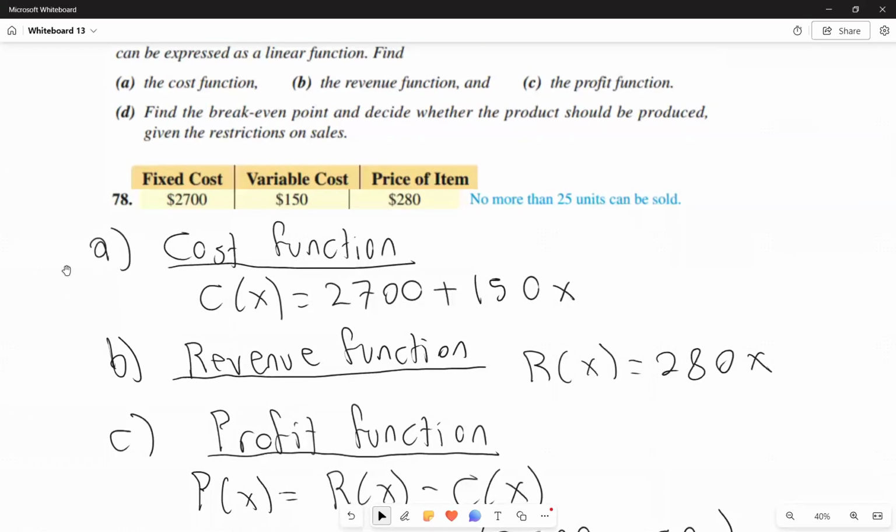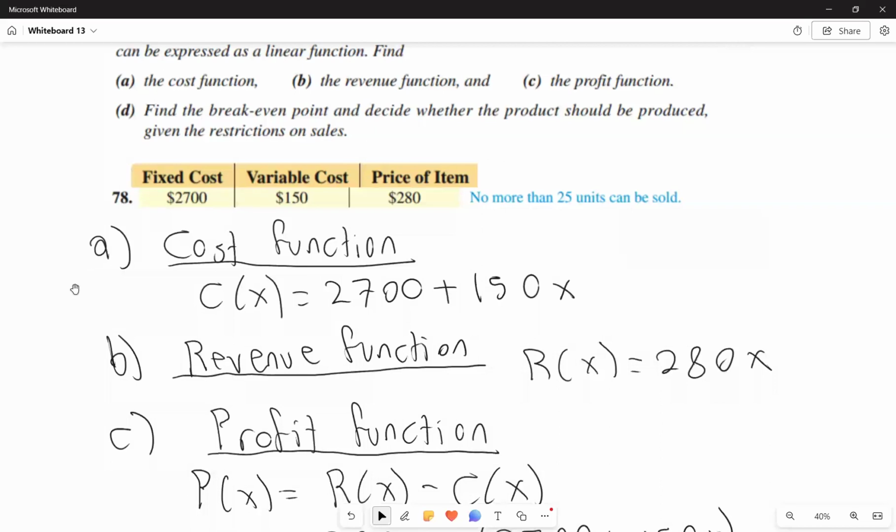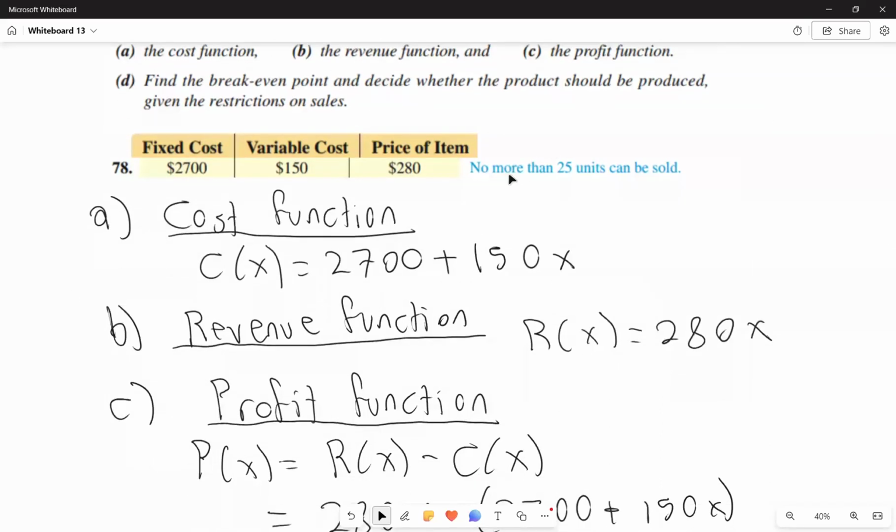Part D: find the break-even point and decide whether the product should be produced given the restrictions on sales. The restriction is that no more than 25 units can be sold.